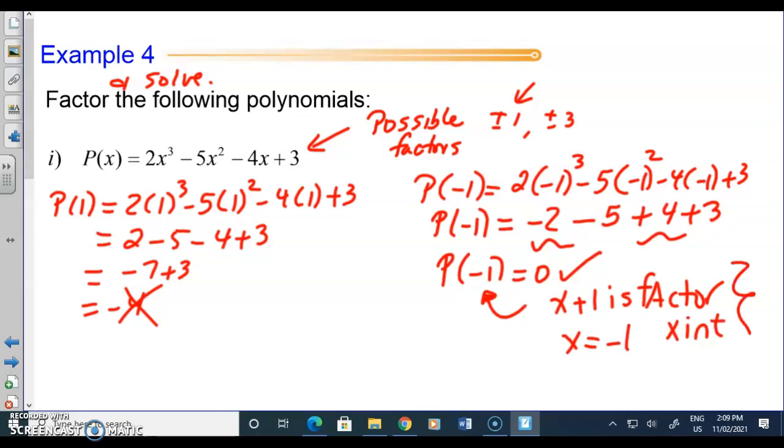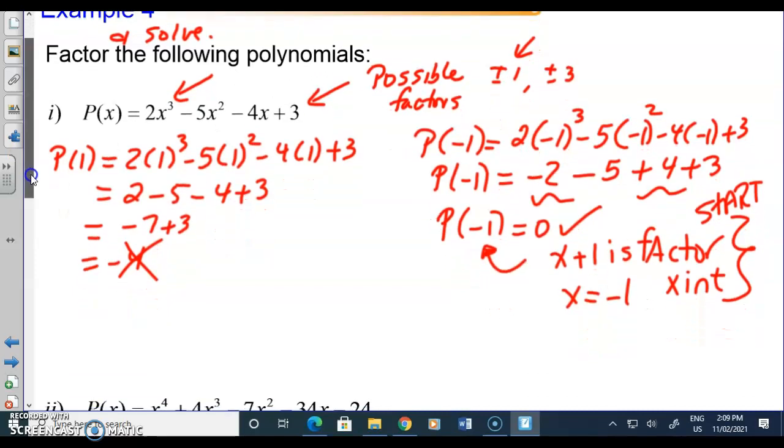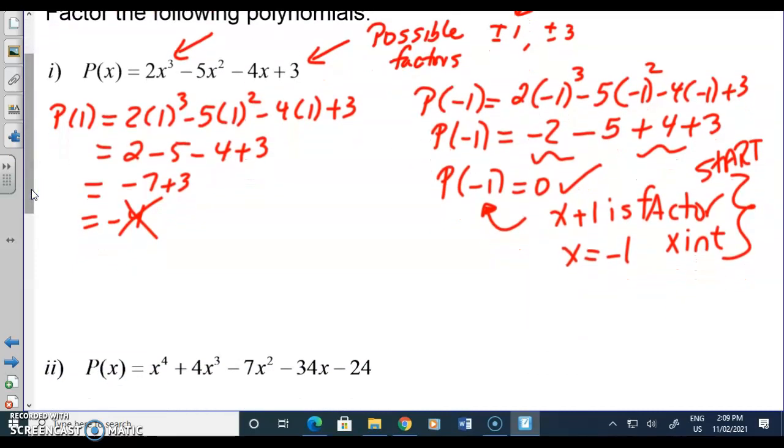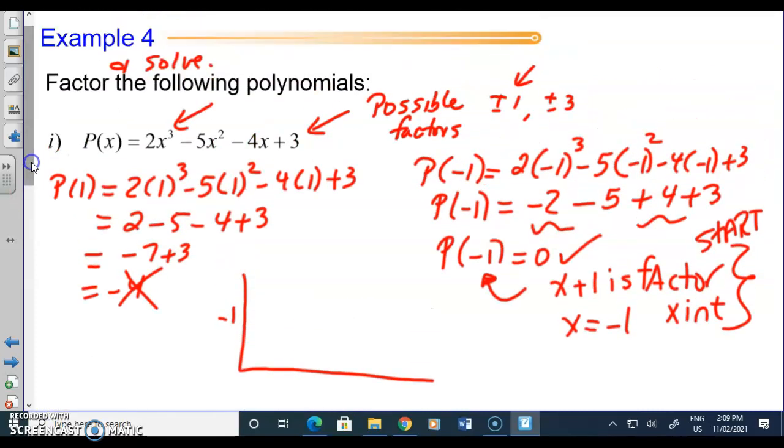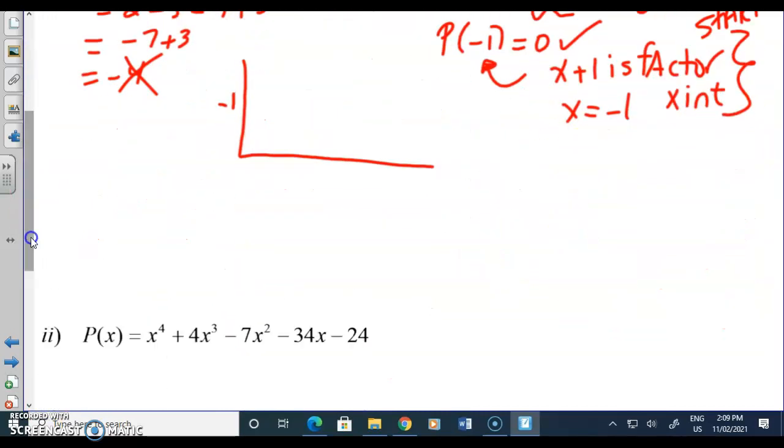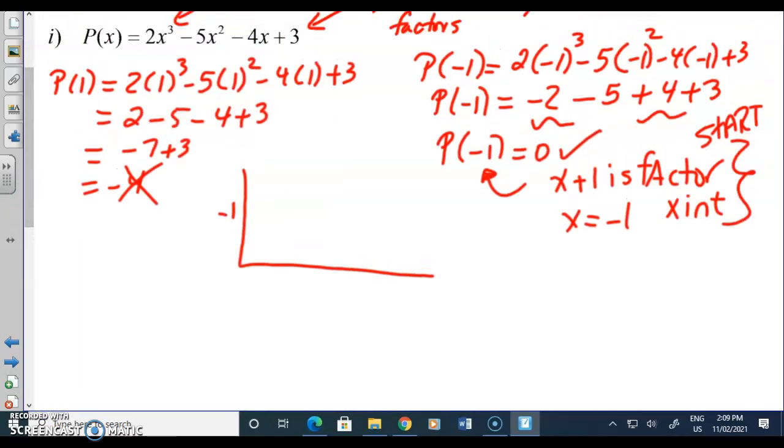Now we have something to start with. So we're going to use that to do our synthetic division to break our cubic down into a quadratic. So we're going to start with negative 1, and we're going to do our synthetic. Okay, I'm just going to move this down a little bit. Here we go. So negative 1, we're going to put our coefficients in.